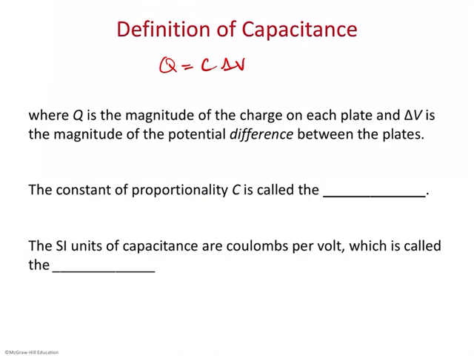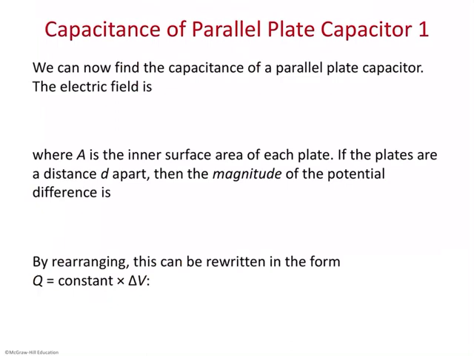The constant of proportionality, C, is called capacitance. So the symbol for capacitance is C, and the SI unit for capacitance is known as a farad. Just remember that capacitance is just how much energy is stored on something, on the plate. Okay?